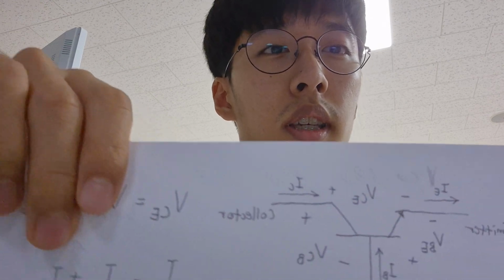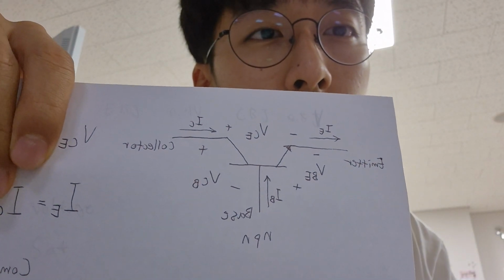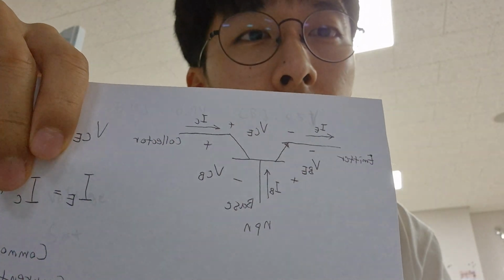So BJT can be of type PNP or NPN, two kinds. So we can see the structure of BJT like this: the emitter, base, and collector.